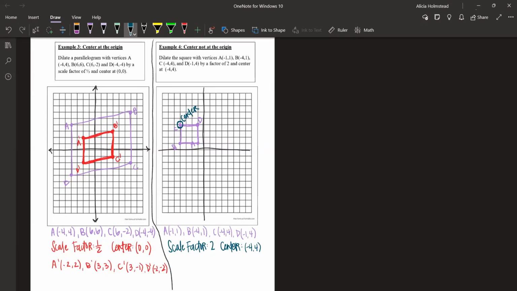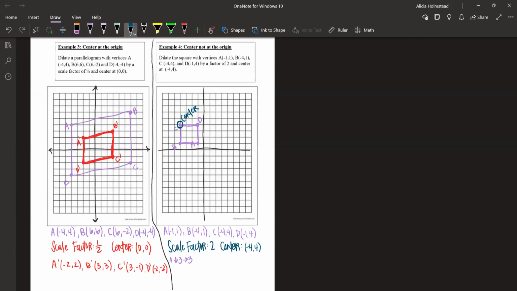When our center is not at the origin, instead of just multiplying each of the coordinates by the scale factor, we need to figure out how far from the center the point is located, and then apply the scale factor. For example, to get from the center to A, you had to go down 3 and then right 3.